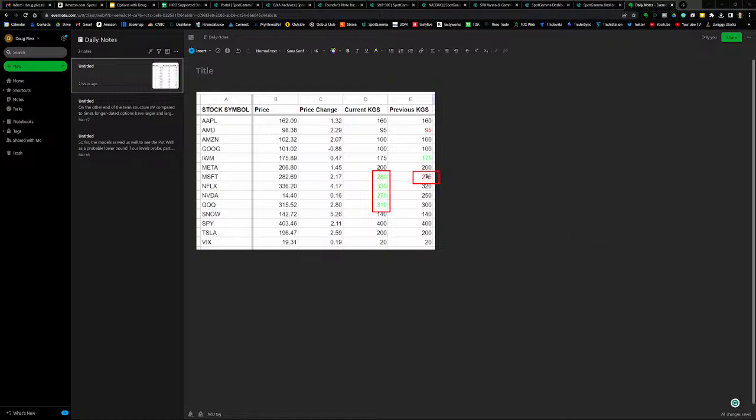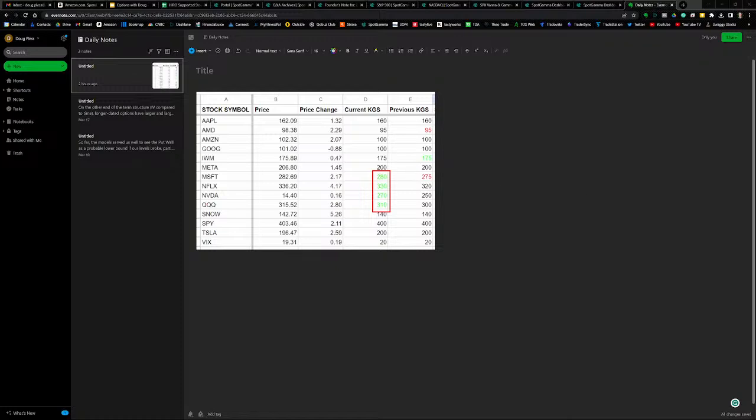So remember yesterday my thesis for AMD and Microsoft was bearish, and that led to good short setups, at least for part of the day, for both those stocks. And then for today, my thesis was bullish for QQQ, Nvidia, Netflix, and Microsoft.